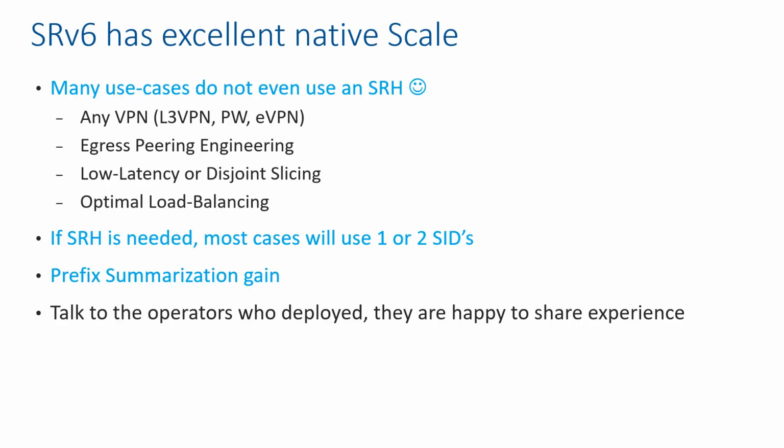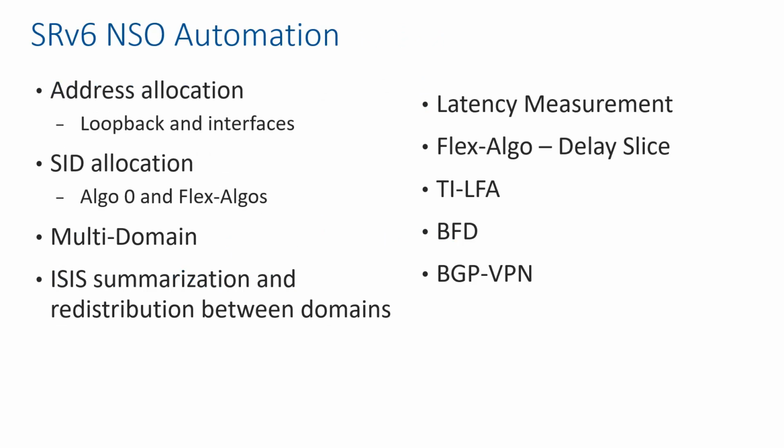So excellent native scale. On top of the inherent simplicity of the solution, we want to prove it, and that's why we are always delivering with our SRv6 solution an automation package. Not always, but what I want to say is that from the start we have this automation package, and this automation package takes care of automating the address allocation for the loopback and for the physical interface, the SID allocation for algorithm 0 and the flex algo.